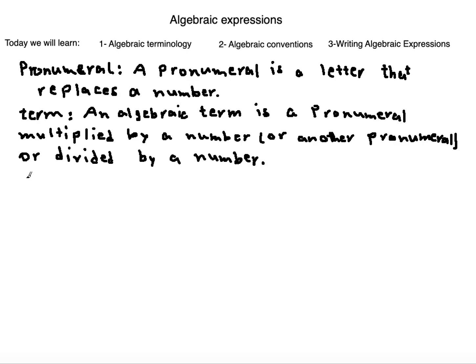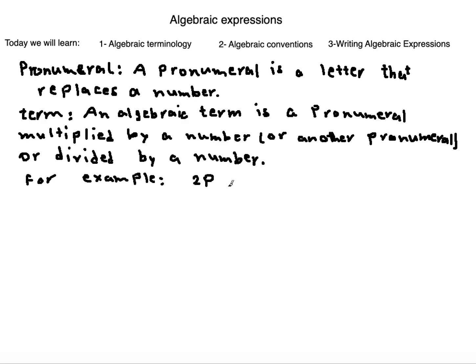For example, you can have 2p. 2p means 2 times p, so you're timesing a number by a pronumeral.